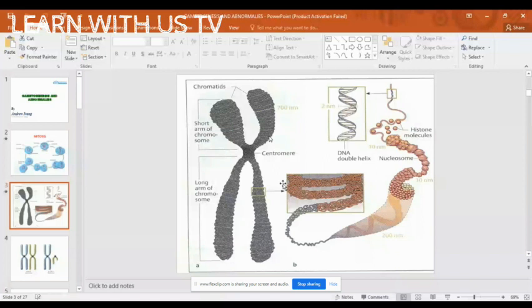But the key point here is that this is a simple illustration to tell you what is happening within mitosis. Is that clear? Yes, it's clear. Okay, fine.